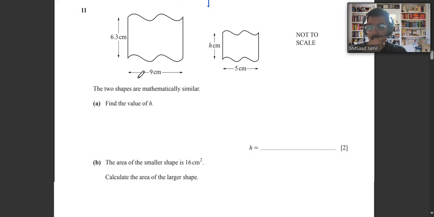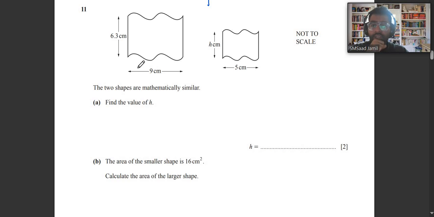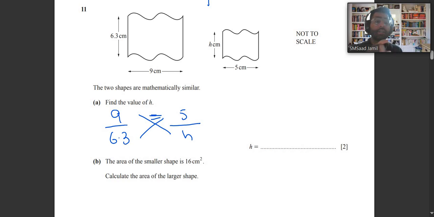Okay, question 11 says the two shapes are mathematically similar, find the value of h. So in this question, look, 9 is equal to 5. This 9 is equal to 5, and 6.3 is equal to h. Now we will cross multiply both the numbers, alright.